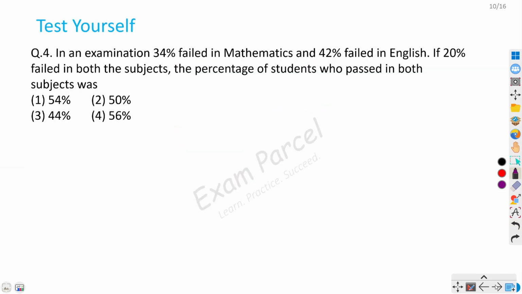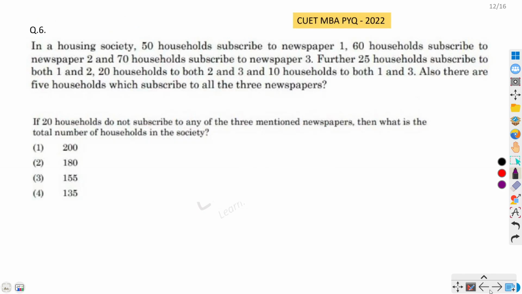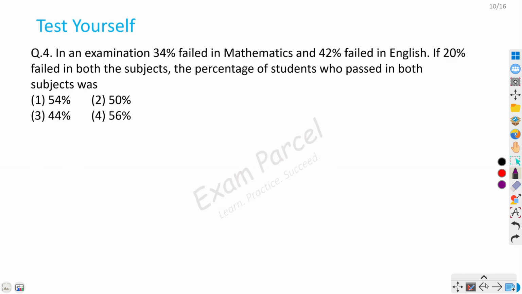Now, there are two questions which you have to do yourself. Question number 4: in an examination, 34% failed in mathematics, 42% failed in English, 20% failed in both subjects. Find the percent of students who passed in both subjects. Again, a very easy one, similar approach. This is your homework, and once you solve the question, please put your answer in the comment section.